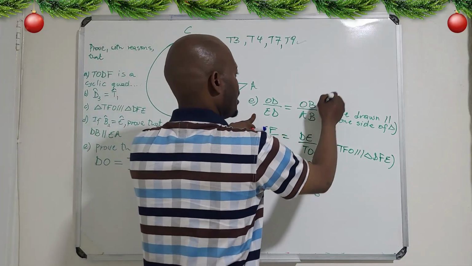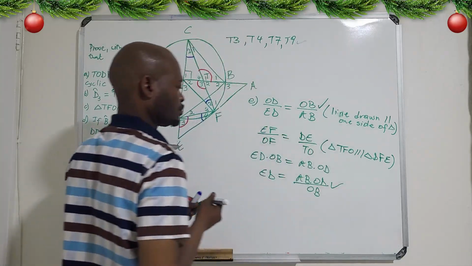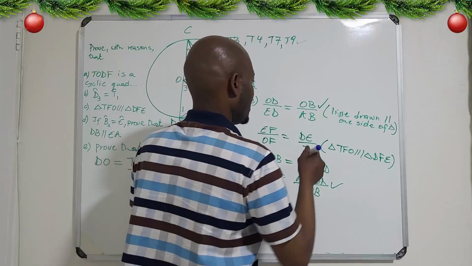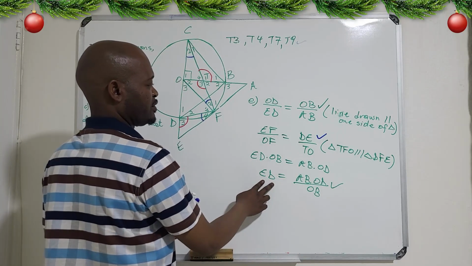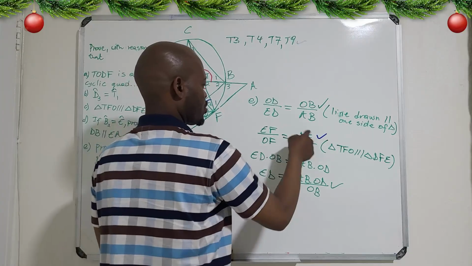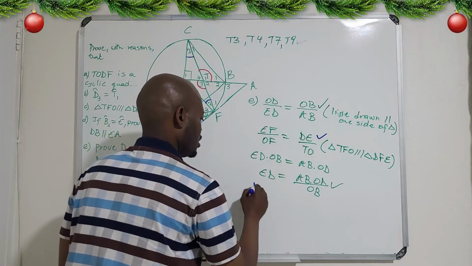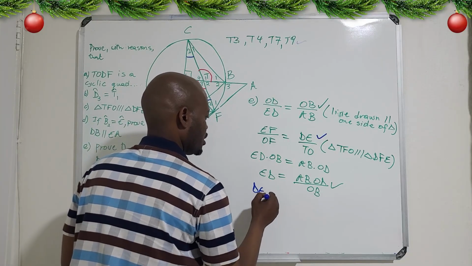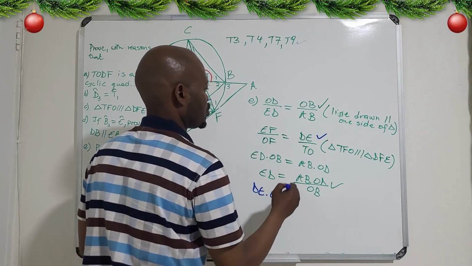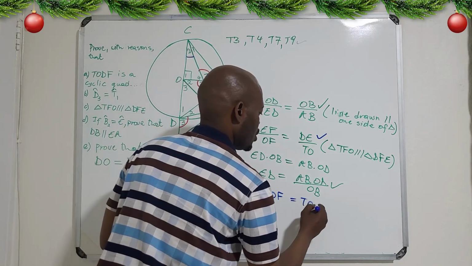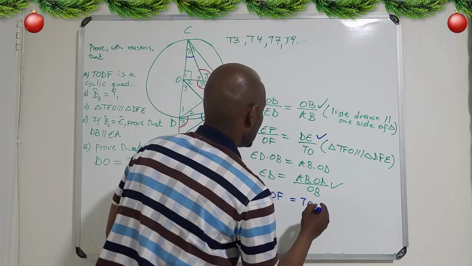From here, I have this one. Now, from this one, I can make DE the subject of the formula. There, I cross multiply. DE times OF is equal to TO times EF.